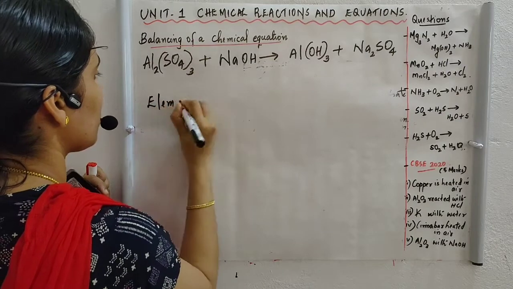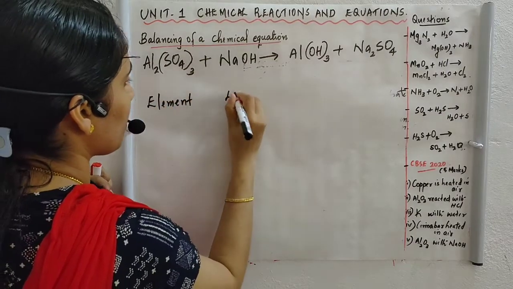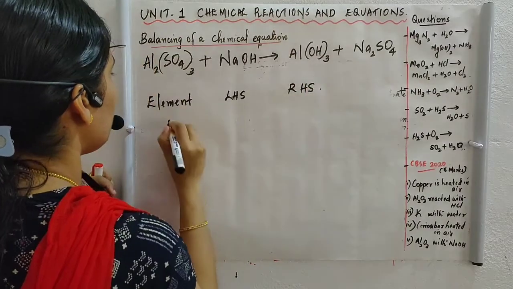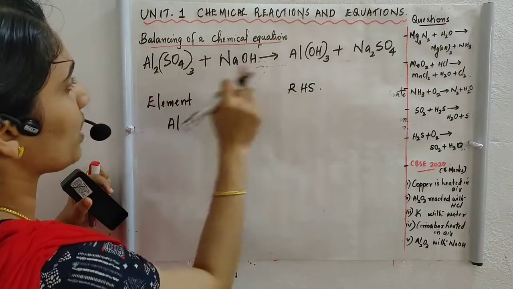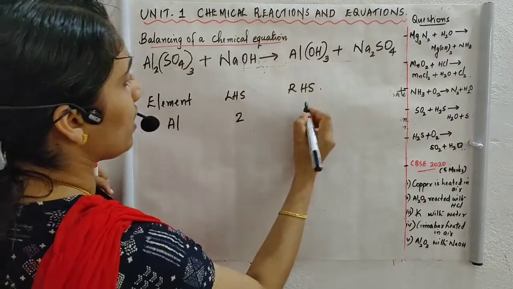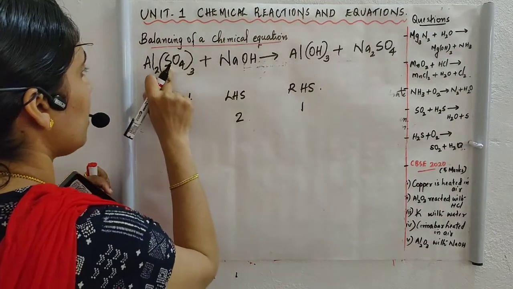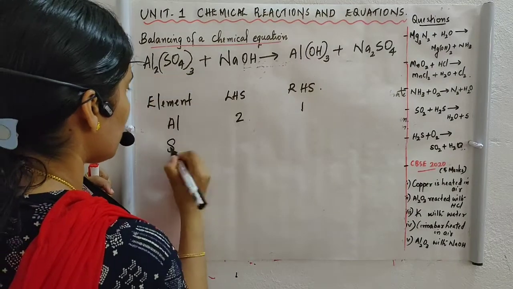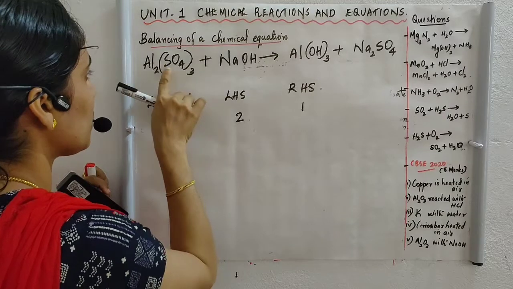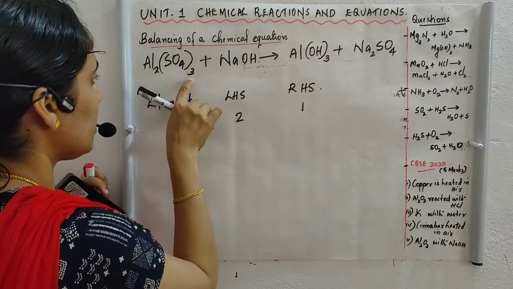So list out the number of atoms on both sides: element, LHS, RHS. Element aluminium: how many on the left side? Here it is 2, and on the right side it is 1. The next element is sulfur. There is a bracket and 3 times, so how to count it? 1 into 3.